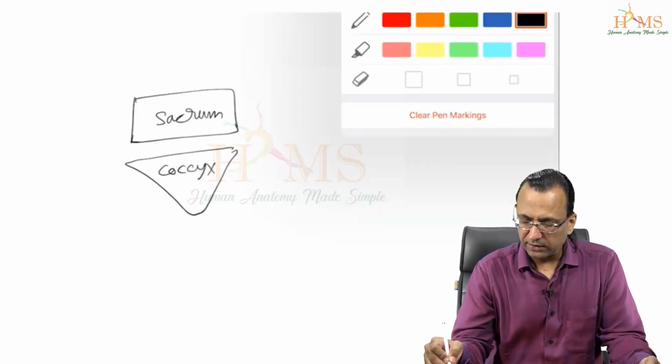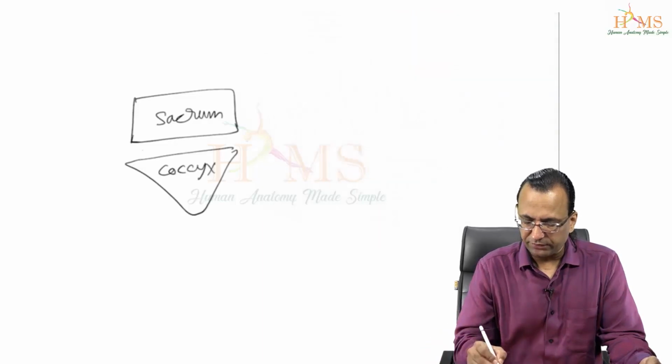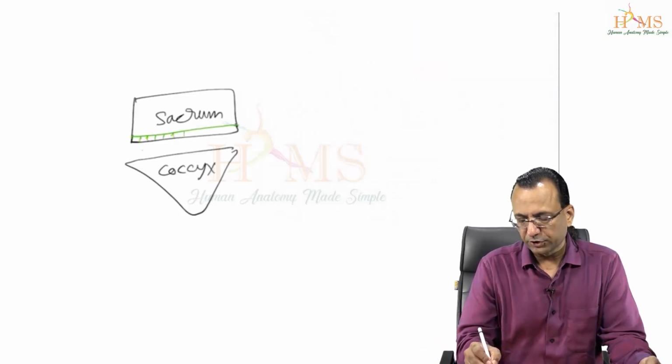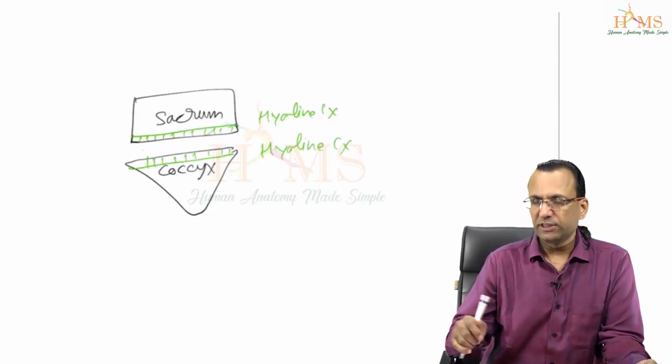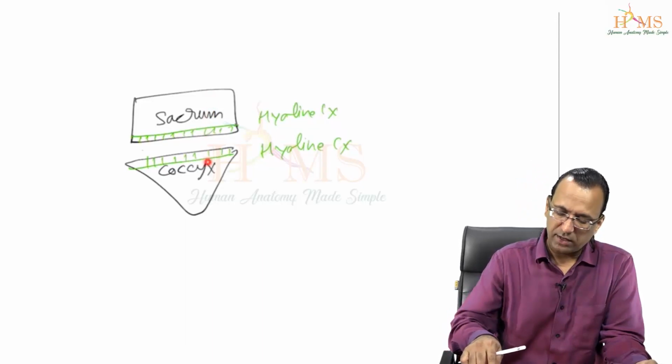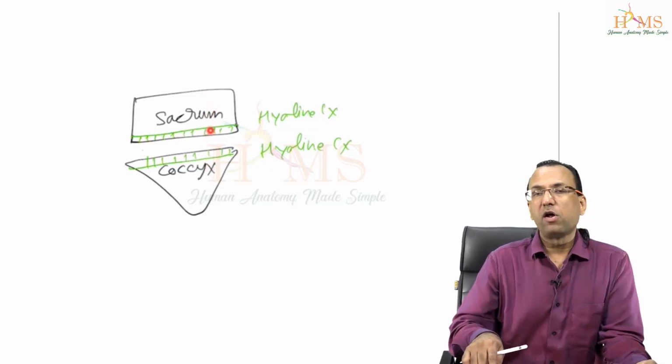You will find that the sacrum bone itself is lined by some hyaline cartilage, and the coccyx bone is lined by hyaline cartilage because they all develop in the hyaline cartilage by endochondral ossification. The vertebrae develop in the hyaline cartilage by endochondral ossification.